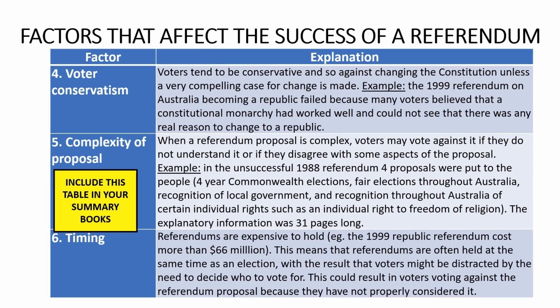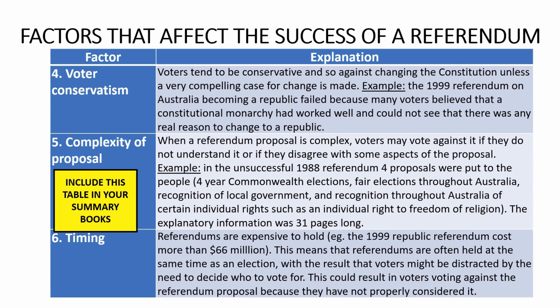Well, this was only one part of a very complicated suite of changes that were being proposed to the Constitution, including having Commonwealth elections every 4 years, having fair elections throughout Australia, having the role of local government recognised in the Constitution, and including other individual rights in the Constitution in addition to the individual's right to freedom of religion.